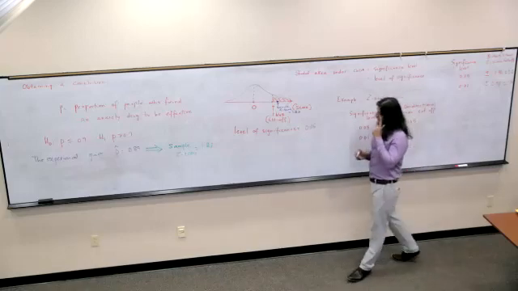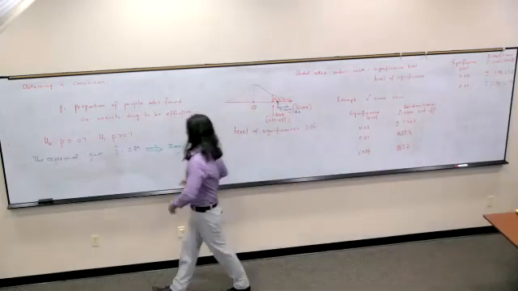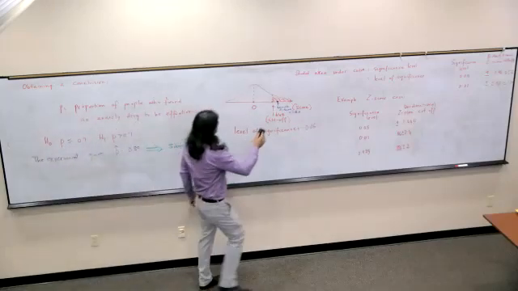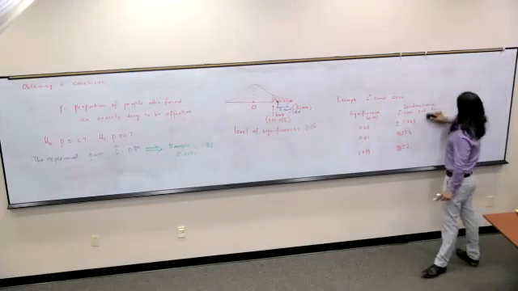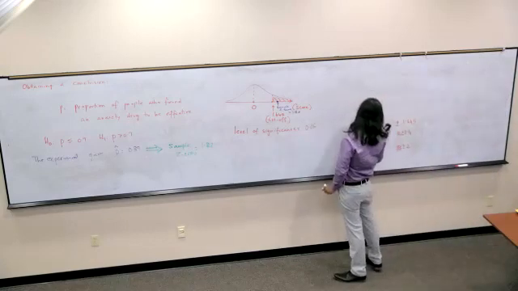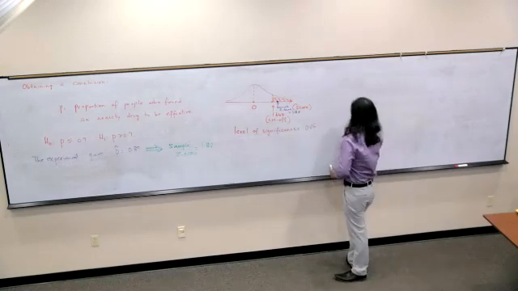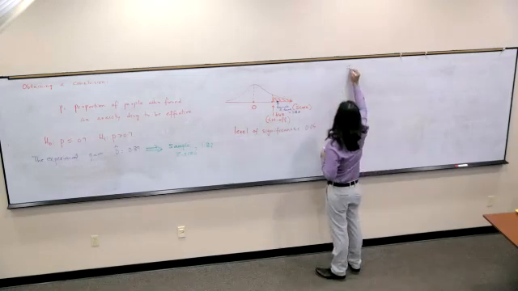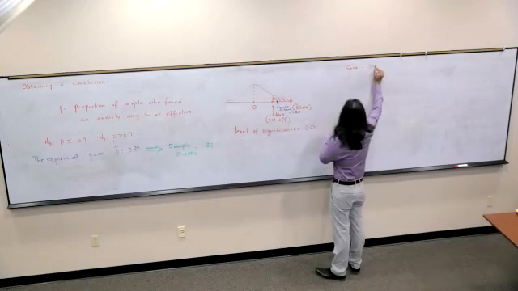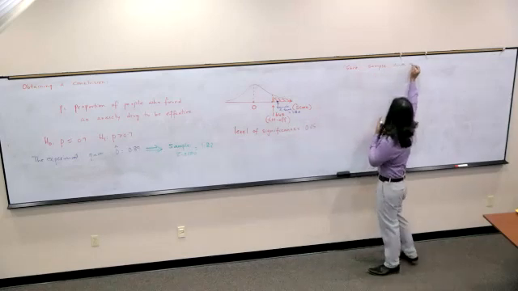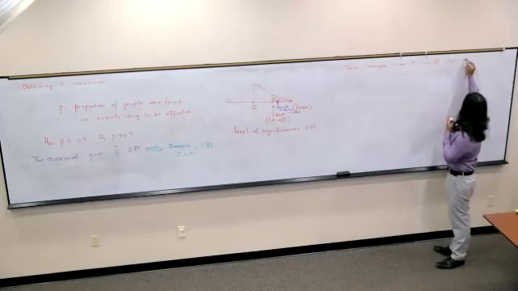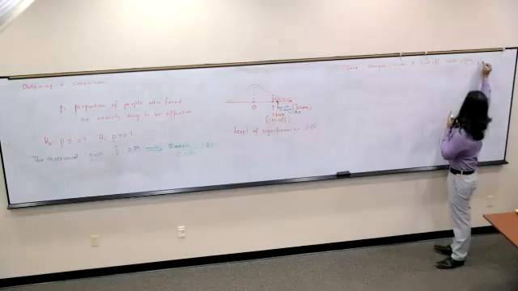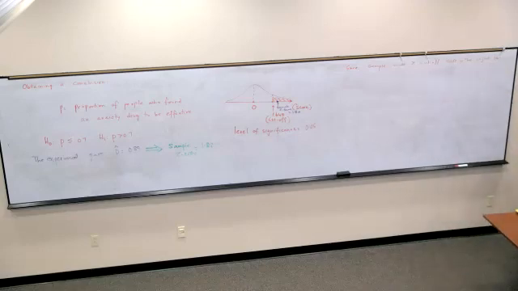So since the sample Z score is bigger than the cutoff, we are going to reject the null.